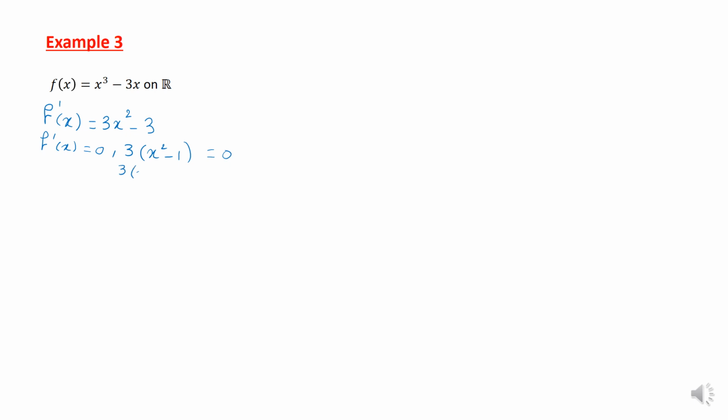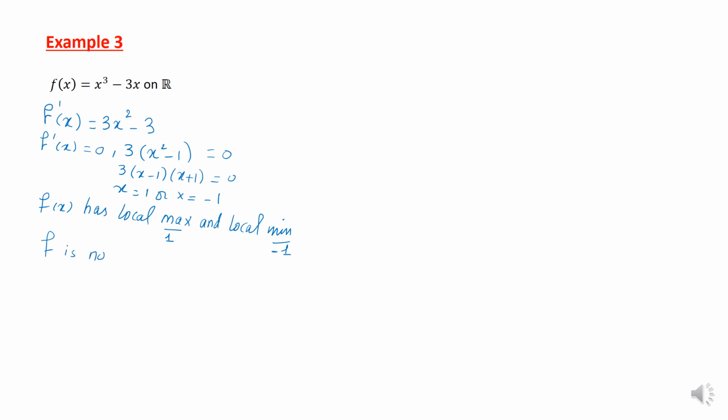So 3(x minus 1)(x plus 1) is 0, x equals 1 or x equals negative 1, which means that f of x has a local maximum and a local minimum. Local maximum at 1, local minimum at negative 1. So sure, f is not monotonic.